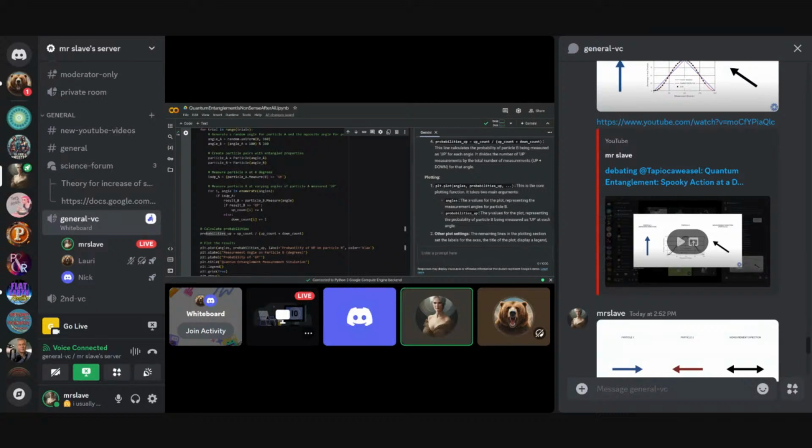It always adds one to up and one to down, whichever it went, however B said, is it up or down? So it's writing down over the 360, and then it repeats this again 10,000 times.